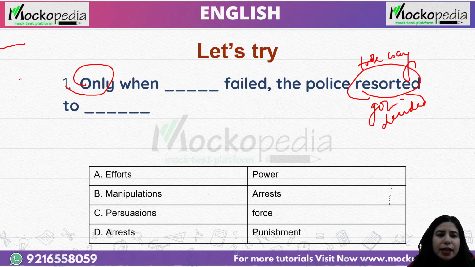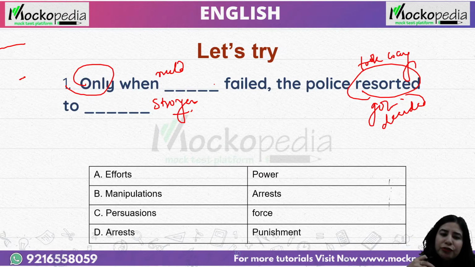So we can understand that here there would be a mild thing, and then here it would be a stronger word that's going to appear, right? So only when sincere efforts failed, or negotiation failed, or discussion failed, the police resorted to something of a higher degree, right? So we can take a look at the answer choices.